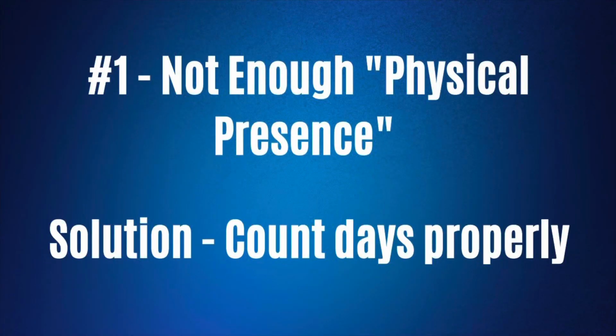This is a tough issue because it's a straight calculation, so there's not necessarily much that can be done if a person doesn't meet the days test. But what I do see often is a miscalculation. So you want to make sure that you're calculating correctly, or you're coming to a qualified immigration attorney such as myself who can calculate that correctly and make sure that you're getting credit for every day you're in the United States. So that's the first reason, lack of physical presence.